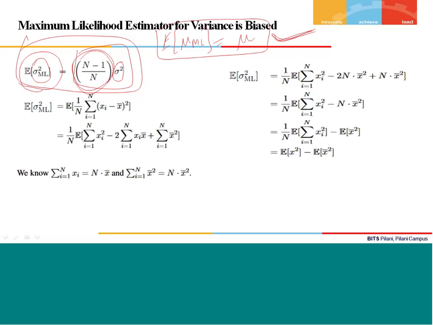This is how we proved it: we use this maximum likelihood variance formula, put it here, and expand it, and we got this expression. Because this is x bar, you take it out, and this expression, the sum from i equals 1 to n of xi, equals n x bar.